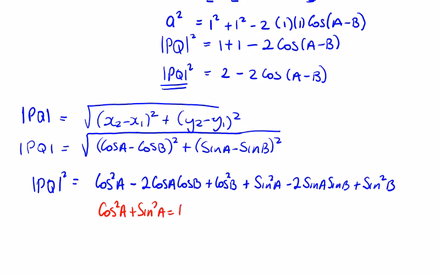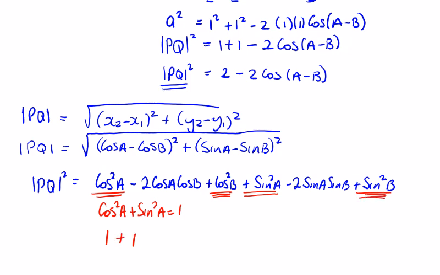And similarly, cos squared B plus sine squared B will be equal to 1. So cos squared A plus sine squared A gives me a 1, and cos squared B plus sine squared B is also going to give me a 1.